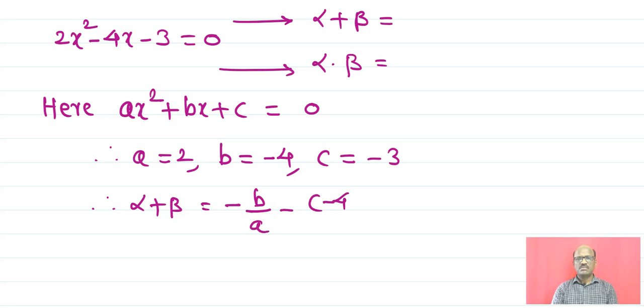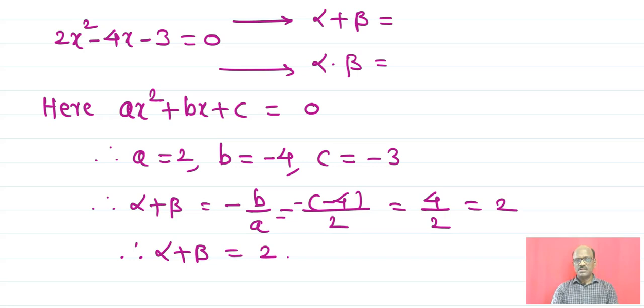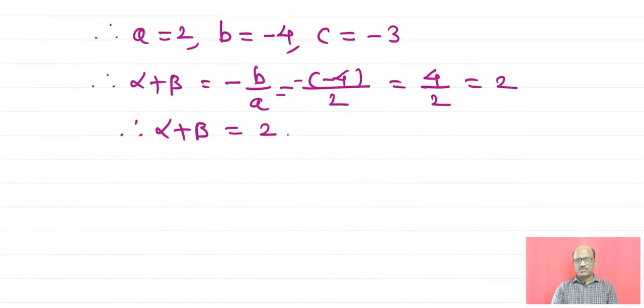The values are minus (minus 4) upon 2, and minus minus becomes plus. Alpha plus beta is equal to 2. Alpha into beta is equal to c upon a, that is minus 3 upon 2, which is minus 3 by 2.